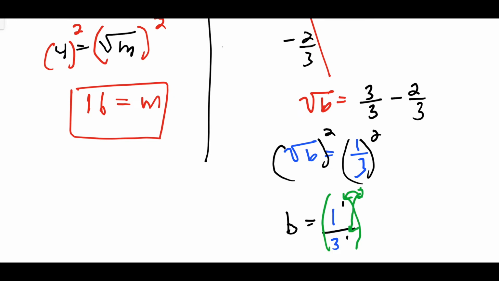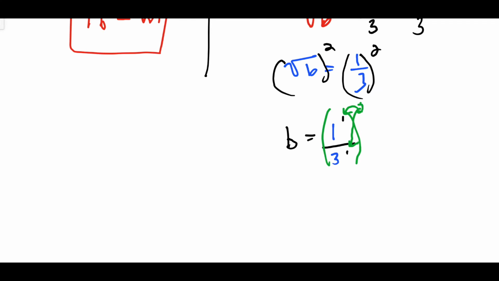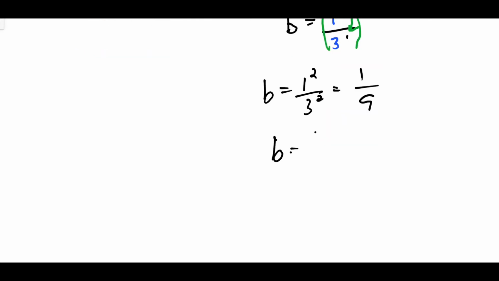So you're going to get b is equal to 1 to the power of 2 over 3 to the power of 2. And that's 1 times 1, and 3 times 3. So b is equal to 1/9. All right, so b is equal to 1/9. Boom.